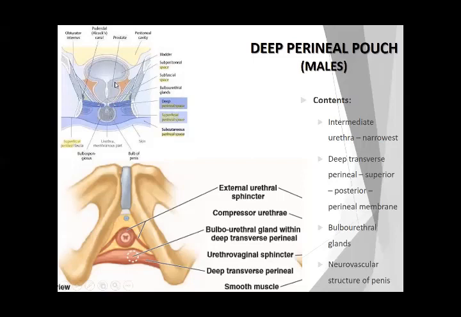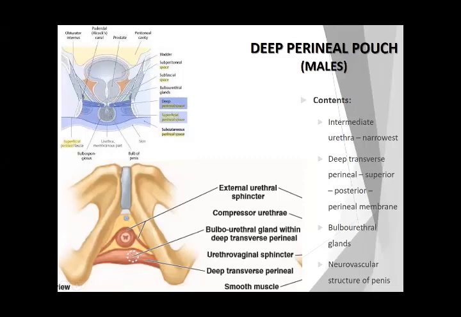Okay? Alright, so we were talking about contents. Contents include the intermediate urethra, which is the narrowest. You have the deep transverse perineum. This deep transverse perineum is the posterior edge of the perineal membrane on the superior aspect. Okay? And lying deep to the deep transverse perineum are the bulbourethral glands.